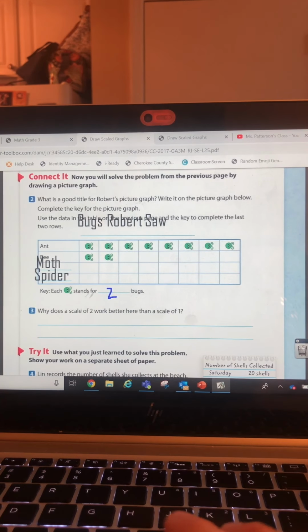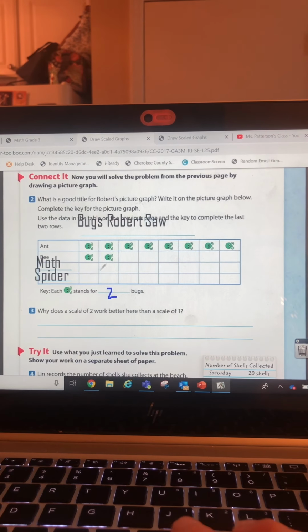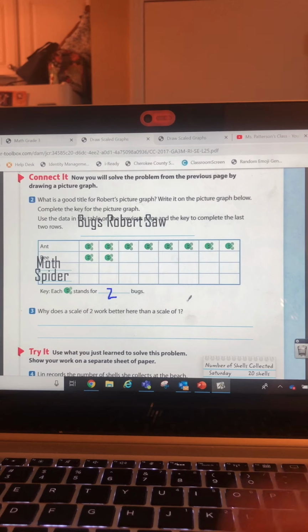I want you to go ahead and do moth and spider using our new key. Remember that each bug stands for 2 bugs. And if you have 6 for moths and 12 for spiders, how many bugs are you actually going to have to draw? I'll give you a couple seconds to figure that out.